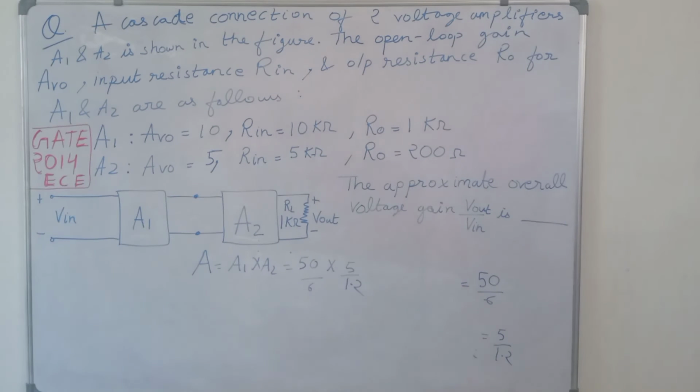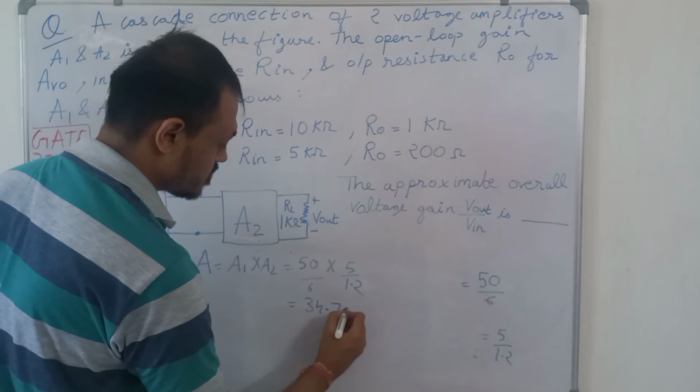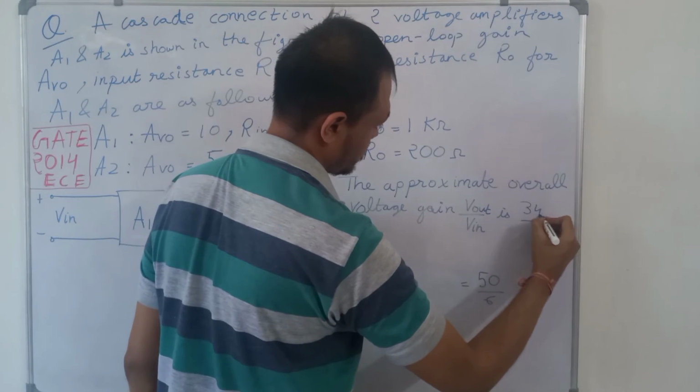So you can multiply it. So the answer will be 34.72. So the correct answer is 34.72.